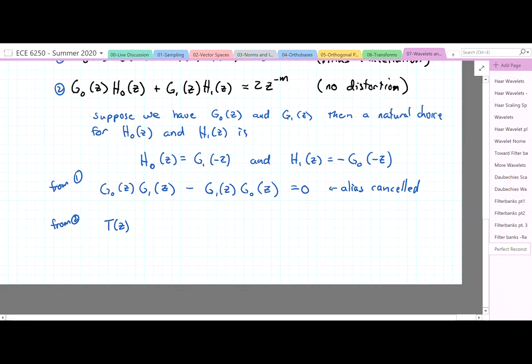So basically what we would have is G of Z is maybe a polynomial in Z, some FIR filter, and H of Z is going to be polynomials with the same coefficients but some sign changes, and the filters are going to be swapped.